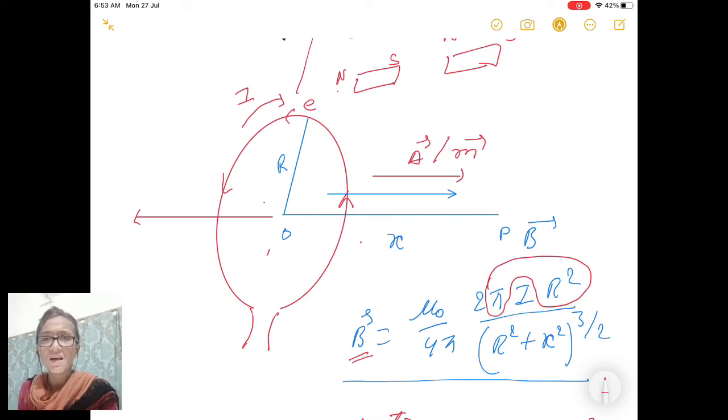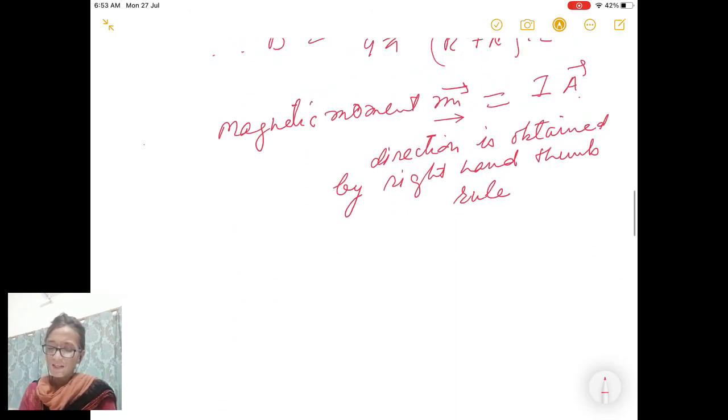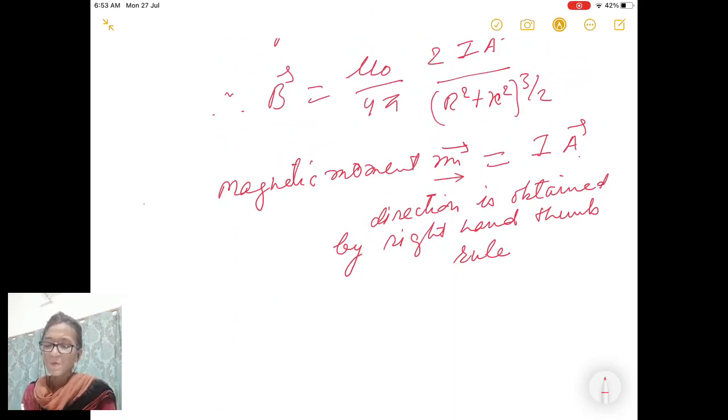So we only have to find the direction of current. We do not look at the direction of the electron, because the magnetic dipole moment is equal to current into area vector. So you have to find the direction of current only for the magnetic moment's direction.